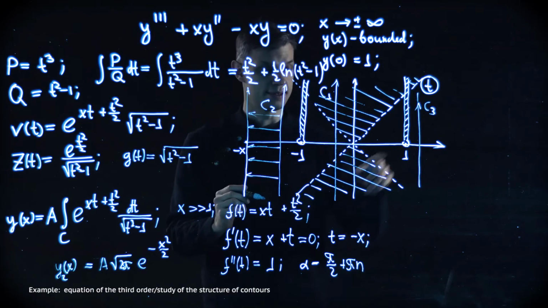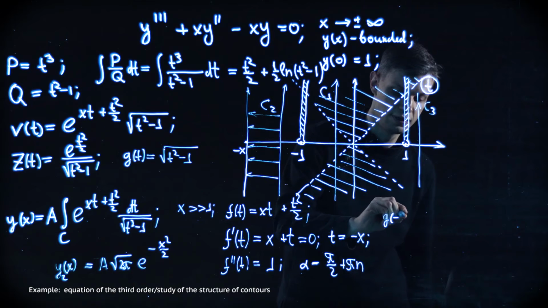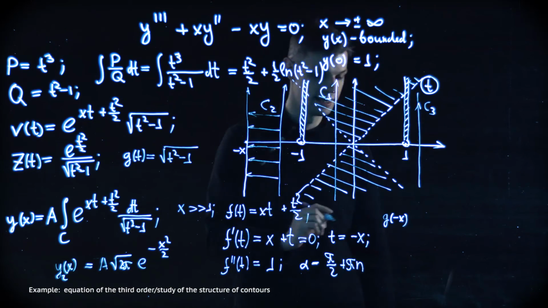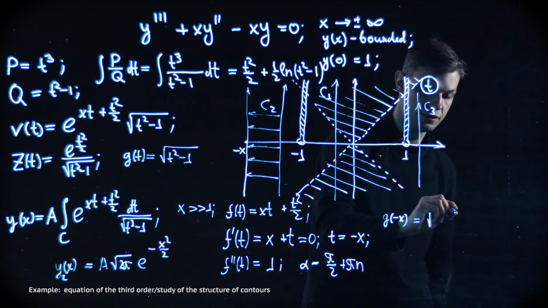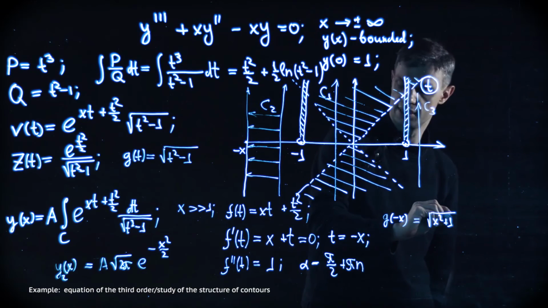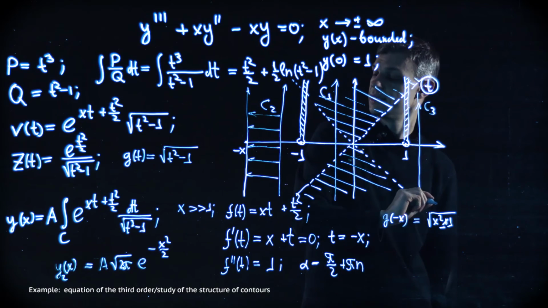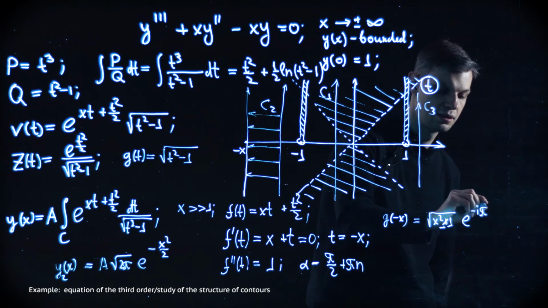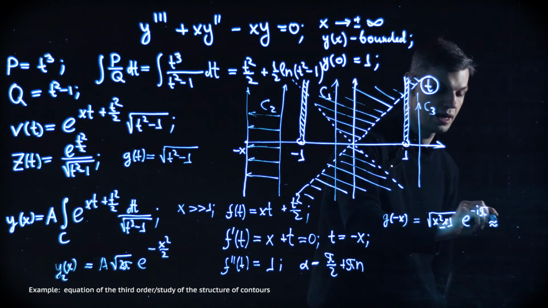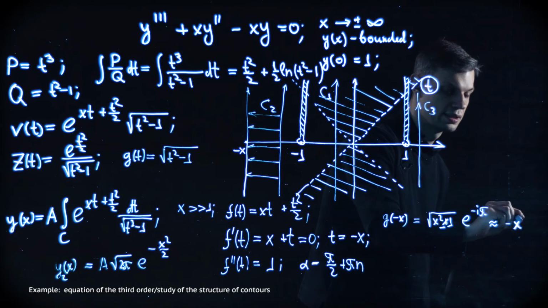So the full rotation is 2 pi, and g of minus x is equal to the square root of x squared plus 1 times minus 1 times e to the minus i pi. Approximately, since x is large, it's minus x.